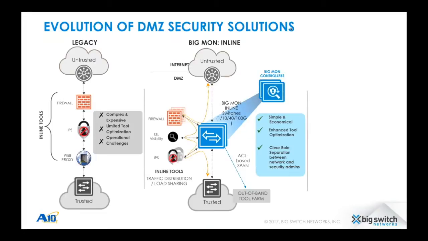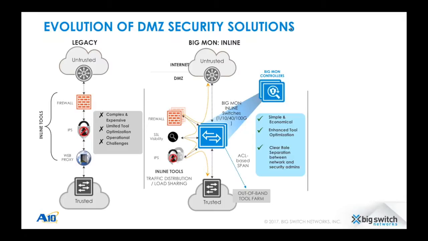So today, Big Switch has a solution called Big Monitoring Fabric Inline solution, which uses an SDN-based approach to tremendously simplify and manage these dynamic service chains. The solution leverages open networking hardware managed by central SDN controller software, and the controller acts as a central point to configure multiple policies to create different paths through the inline tools.